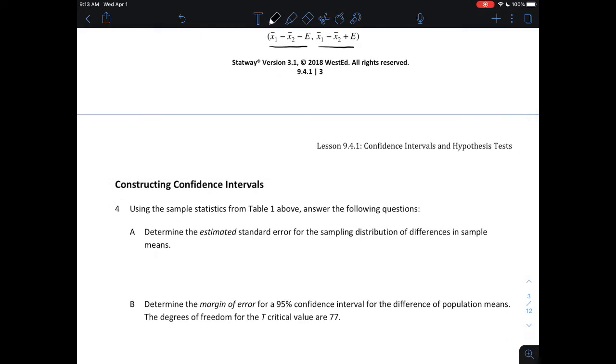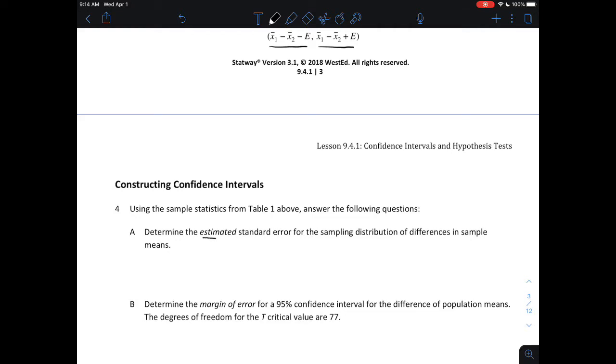For constructing confidence intervals, number 4, using the sample statistics from Table 1 above, that was on the first page of this lesson, answer the following questions. First, determine the estimated standard error for the sampling distribution of differences in sample means.